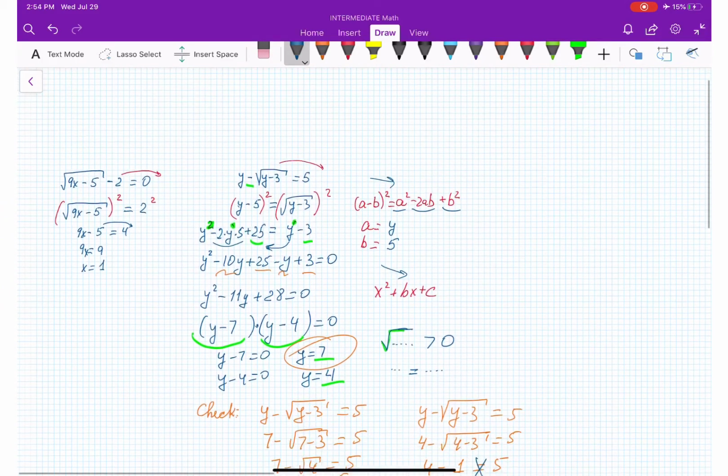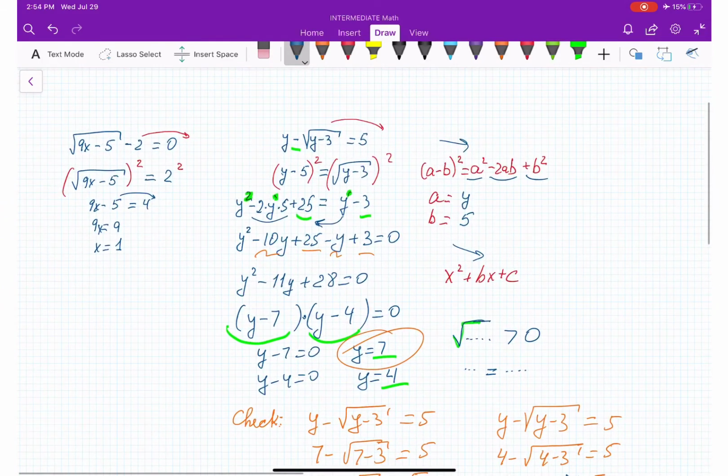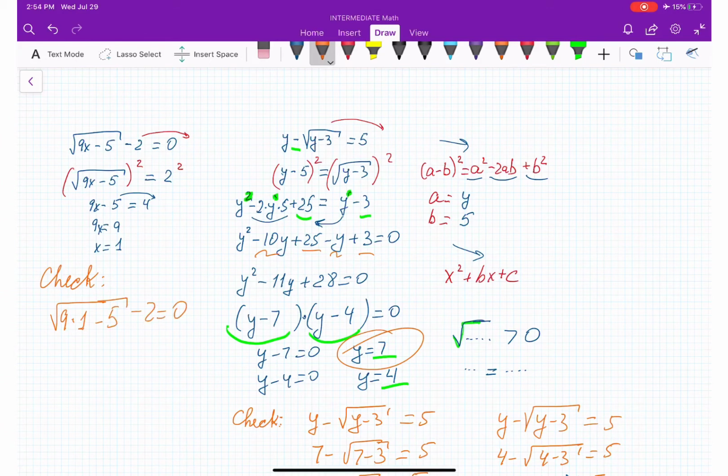Let's plug it in, 1. So, checking. To check, I'm going to always use orange color. So once you see orange color, that means I'm checking. So we got square root of 9 times 1 minus 5, minus 2 is equal 0.